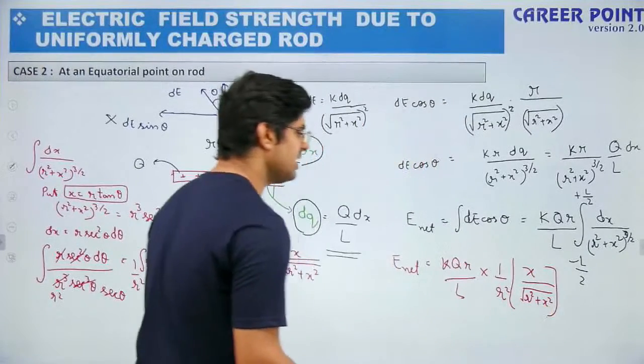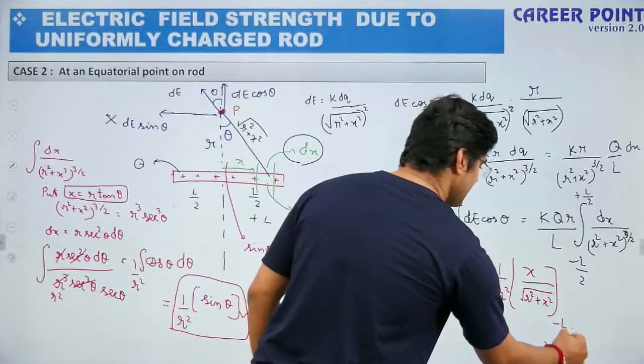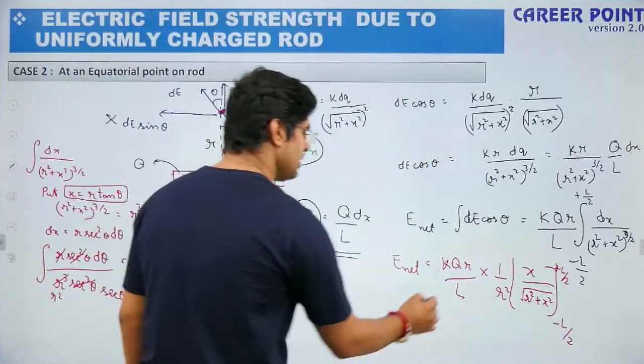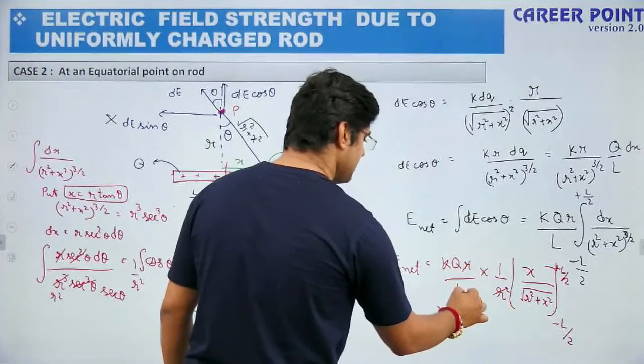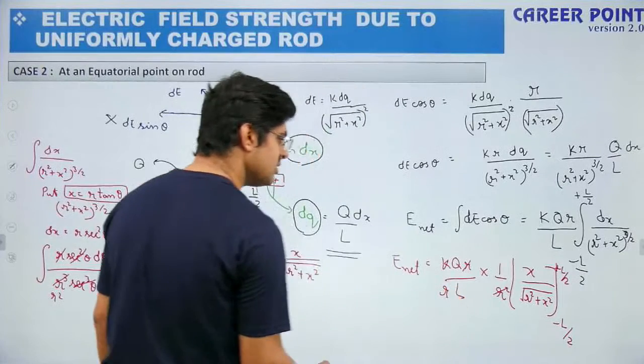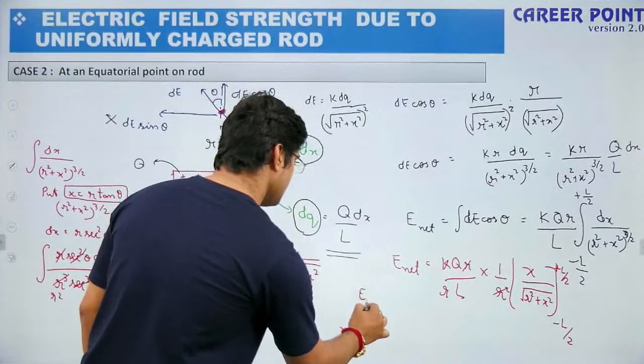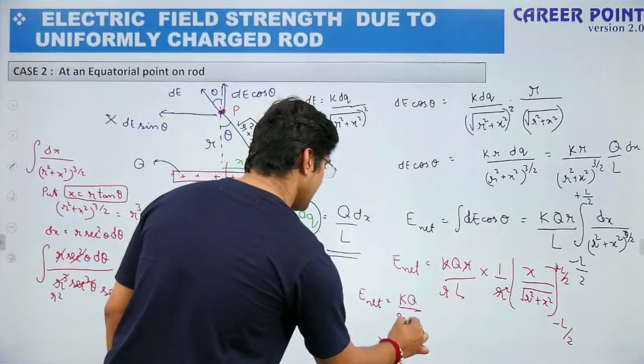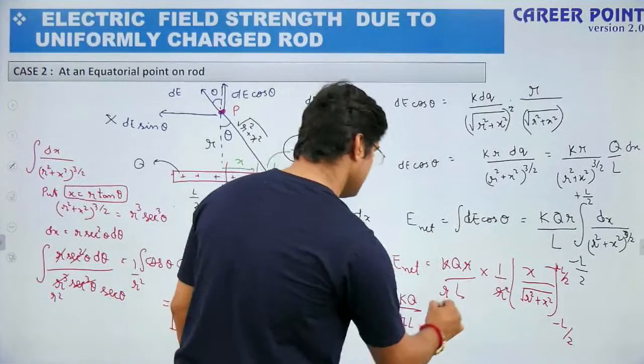So this is what we are getting, and limits are minus L by 2 to plus L by 2. Same. So 1 upon r square and r will get cancelled, and 1 r will come here.